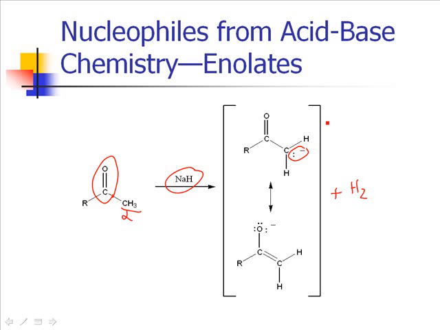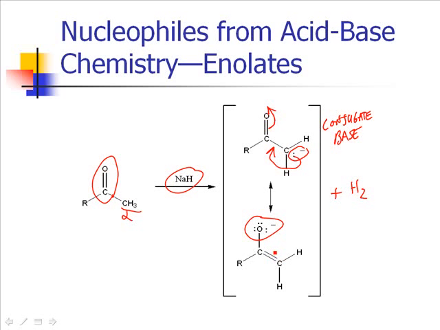This conjugate base of our aldehyde or ketone is resonance stabilized. We can push the electrons down between the two carbon atoms and at the same time push the carbon-oxygen double bond up to the oxygen atom. And as a result, we have a second structure that we can draw for this conjugate base that puts the negative charge on the oxygen atom, and we have a carbon-carbon double bond.